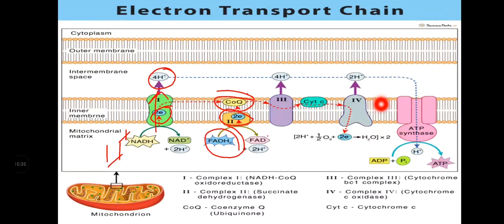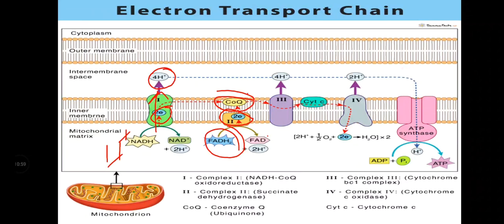So 4 protons at a point are required to generate ATP. 4 protons are required. 3 of them are used in the reaction of ADP reacting with inorganic phosphate to form ATP, and 1 is used for the movement that is involved here.